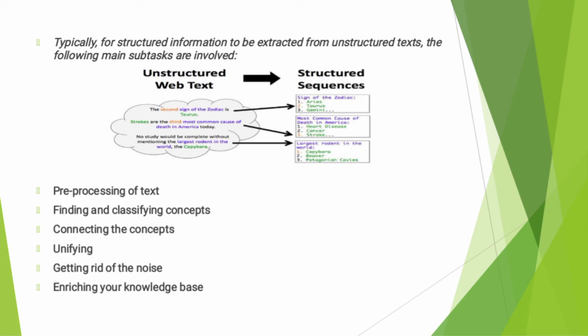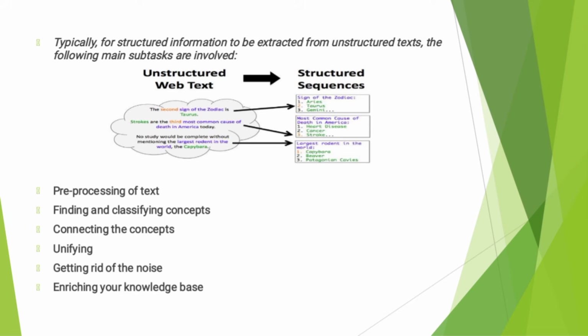For example, the first one is: the second sign of the zodiac is Taurus. Here we mention some signs of the zodiac, that is Aries, Taurus and Gemini. The main point is that Taurus is mentioned in the web text. We extract the information from the unstructured web text to extract sequences.